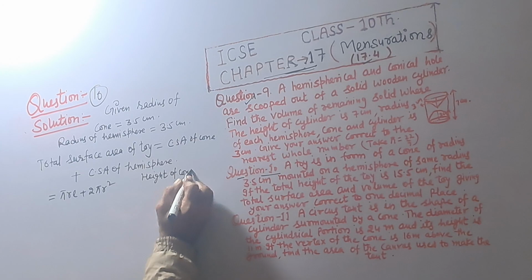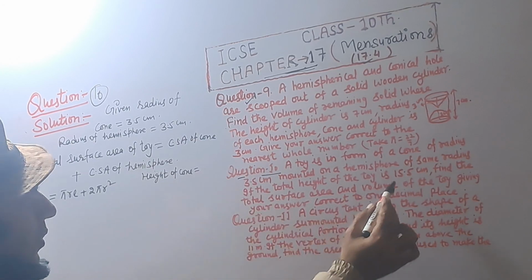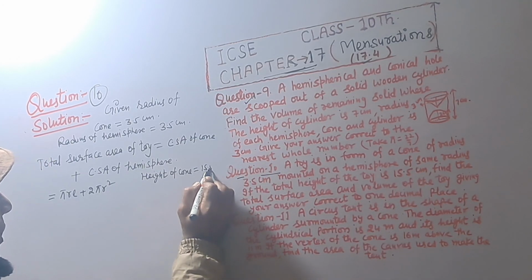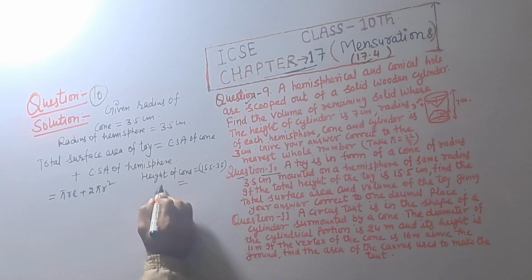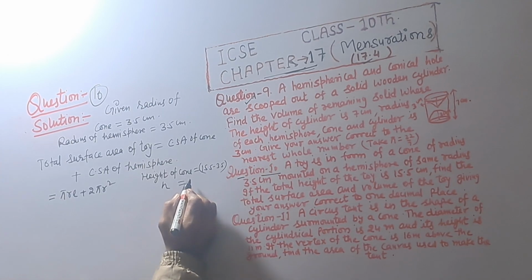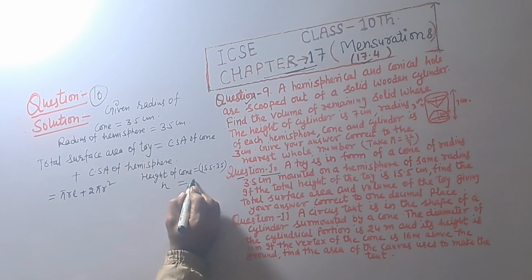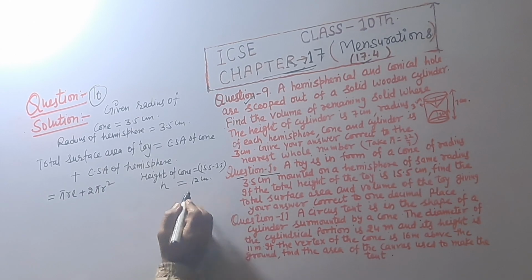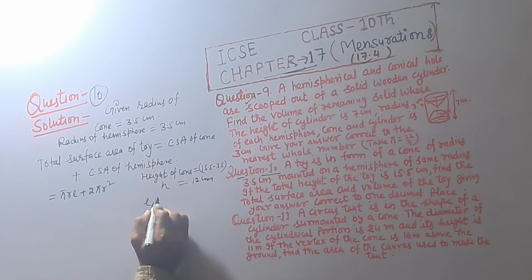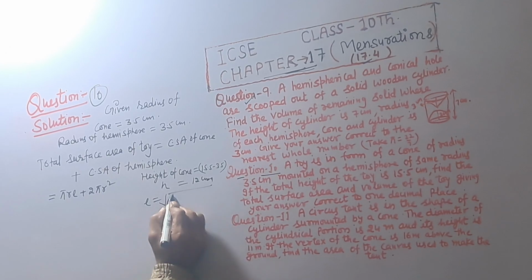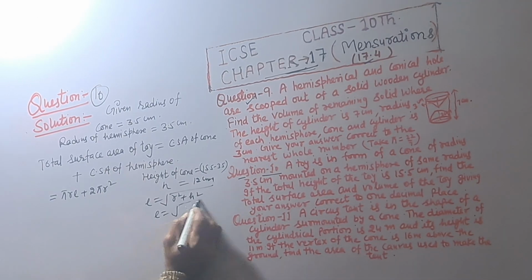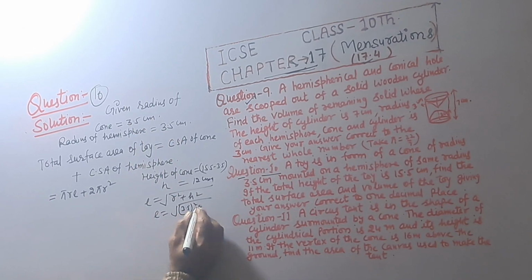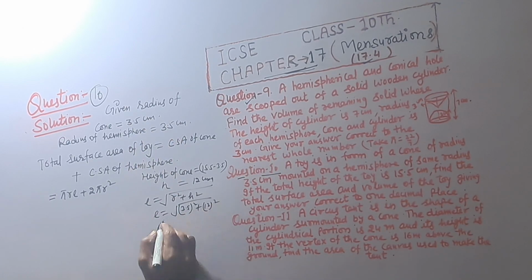Height of cone is equal to 15.5 minus 3.5, that is h is equal to 12 centimeter, and slant height L is equal to square root of R square plus h square. L is equal to square root of 3.5 raised to power 2 plus 12 raised to power 2.